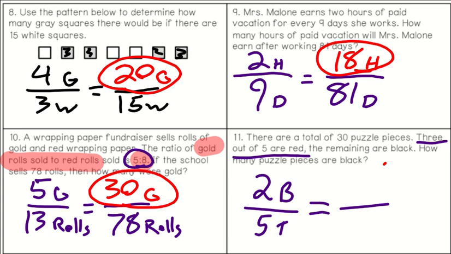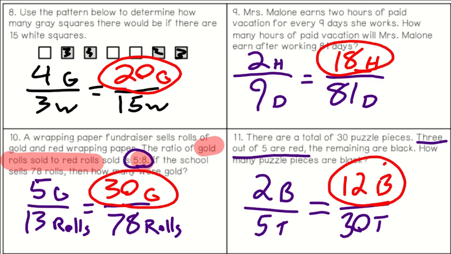And then it gives us the total to make our sides match. If we use red and black, the sides aren't going to match. So to go from 5 to 30 is times 6. So same idea. 2 times 6 is 12. That gives us 12 black pieces.